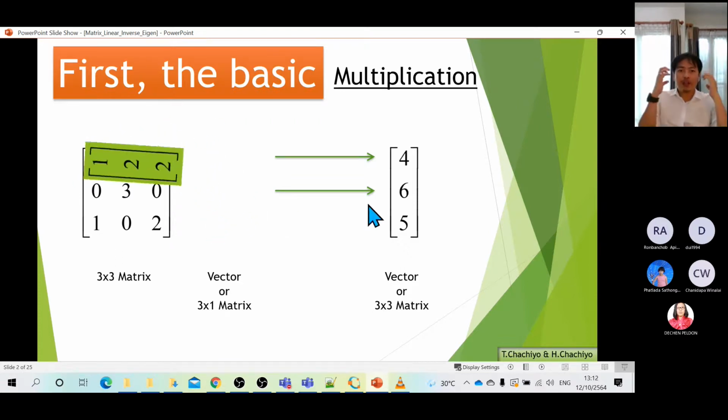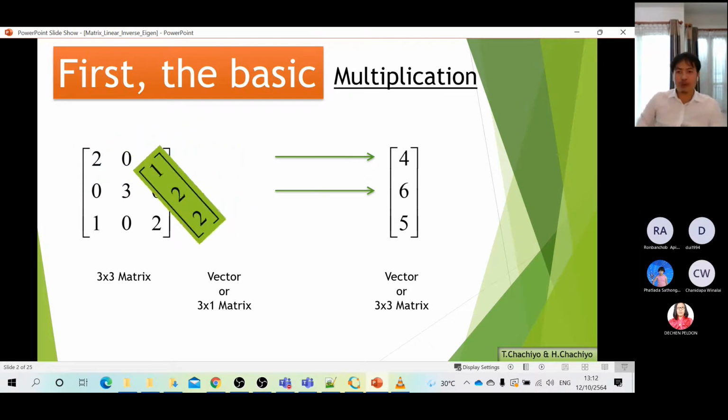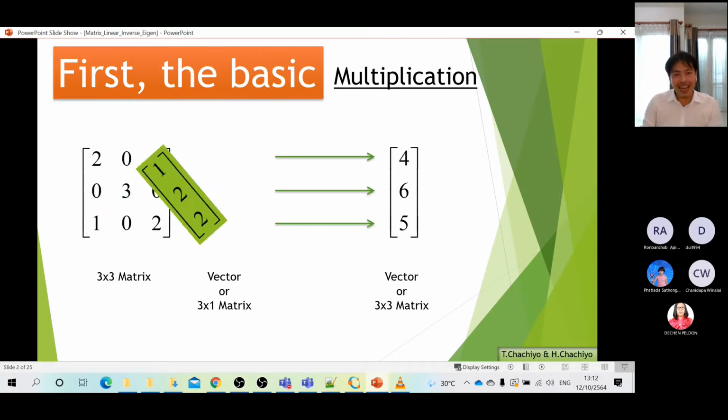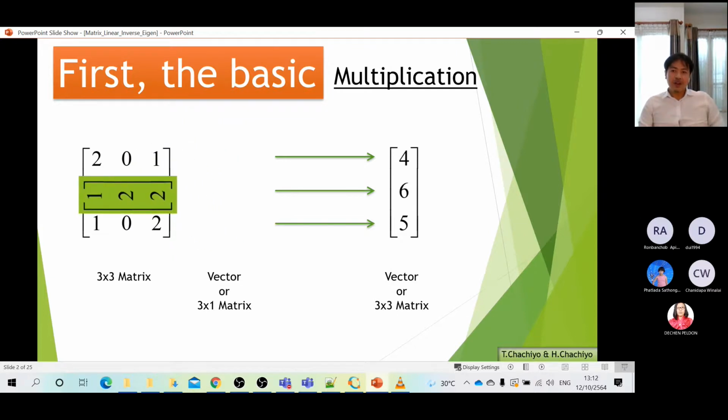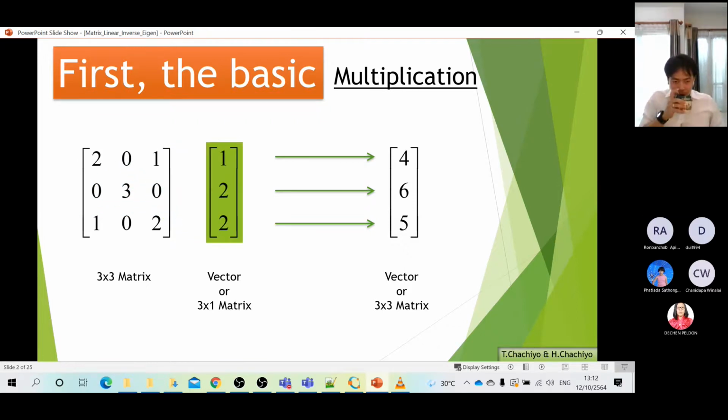That's how I visualize the multiplication of the matrix. Now for the last row, you tilt it a little bit and you couple the numbers, multiply them and add them together, you get 5 in this case. Very simple, just to get warmed up with the mathematics.